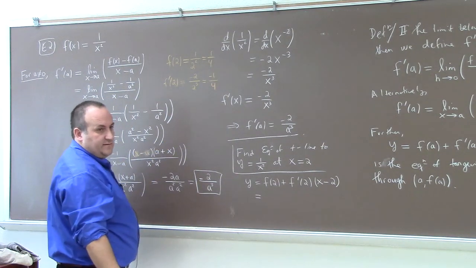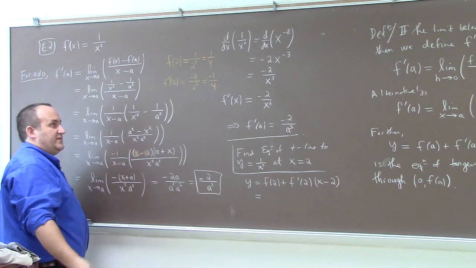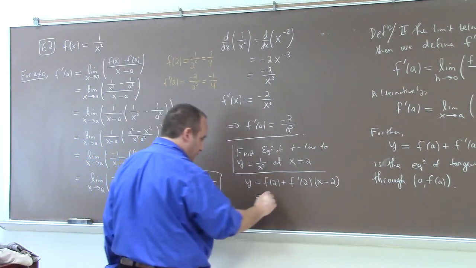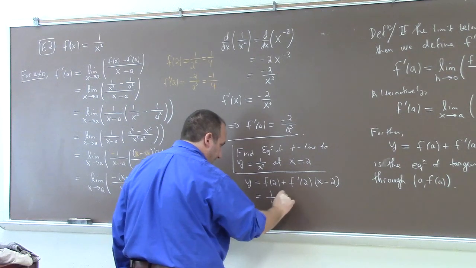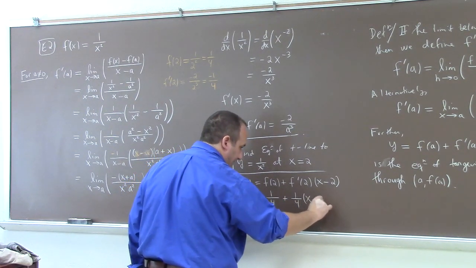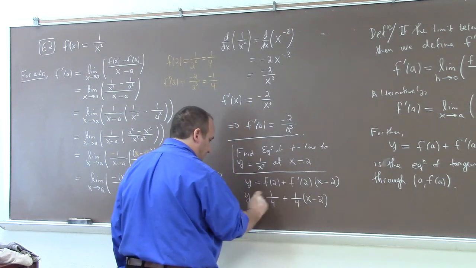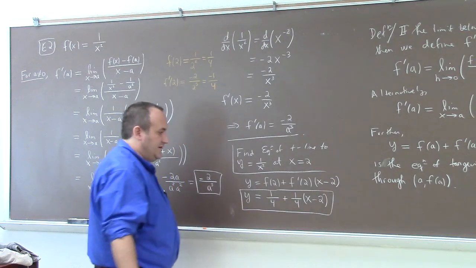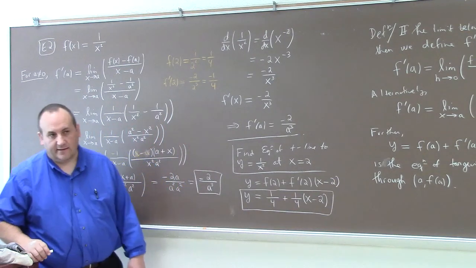Because the 2's cancel, and you just get minus 1 over 2 squared, which is minus 1/4. So here it is, 1/4 plus 1/4 times x minus 2. y equals that. There you go. That is the equation of the tangent line to this function at 2.